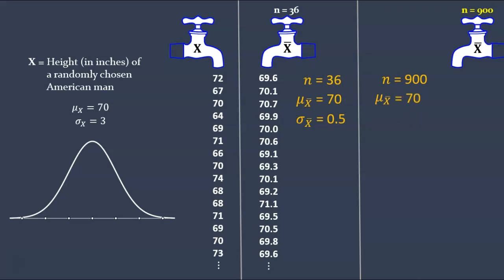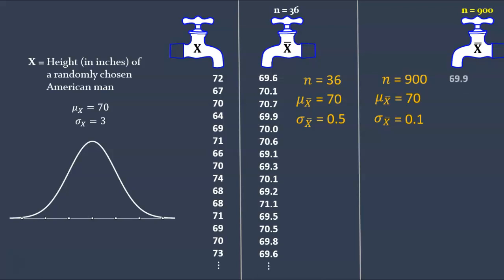With the sample size so dramatically increased, what will the new standard error be? Well, we know the formula for the standard error. It's the standard deviation of x over the square root of the sample size. So here, the standard error is 3 over the square root of 900. That's 3 over 30, which is 1 over 10, or 0.1. So this large sample has shrunk the standard error considerably. It's only a fifth of what it was when our sample was 36 men.